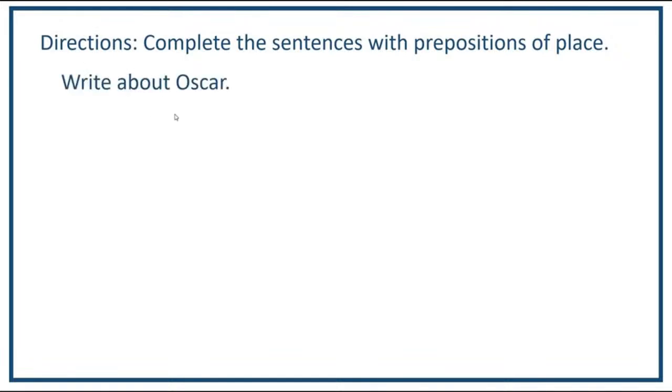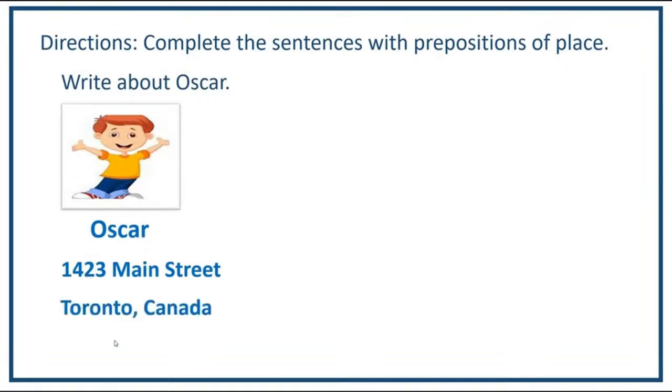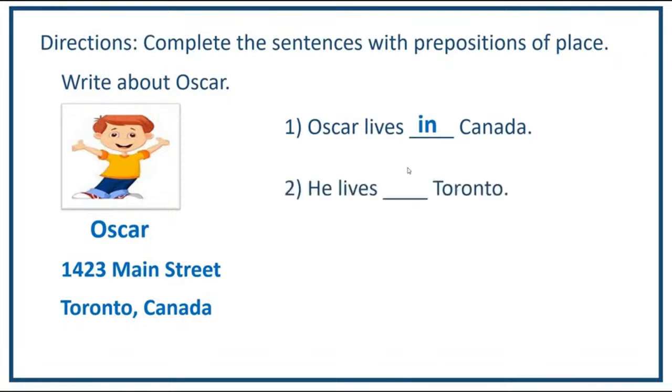Write about Oscar. So, this is Oscar. 1423 Main Street, Toronto, Canada. Number 1. Oscar lives blank, Canada. Answer is Oscar lives in Canada. Number 2.